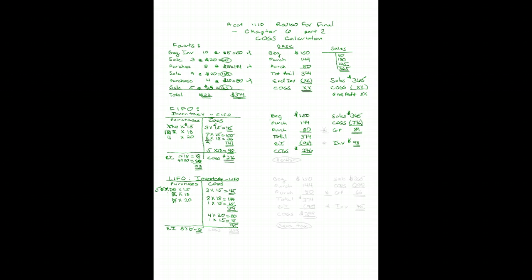So that's what I have in ending inventory under LIFO. And cost of goods sold, I have 45, 159 and 95. So cost of goods sold is totaling 299 using LIFO.